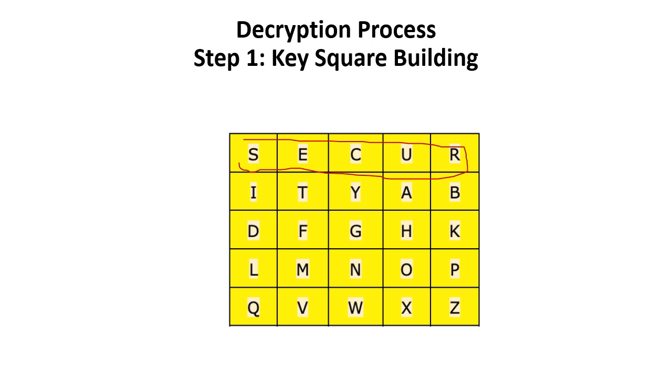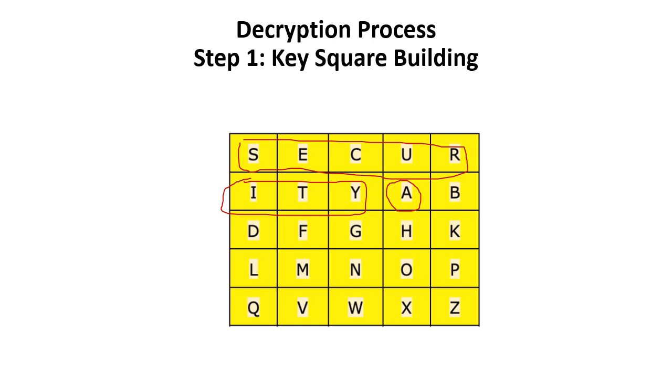First we write the keyword security, avoiding the repeated letters. After writing this, we write the alphabet starting from A, skipping the letters which are already in the keyword.